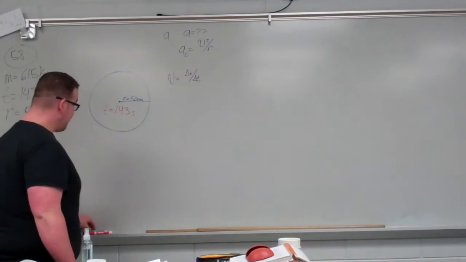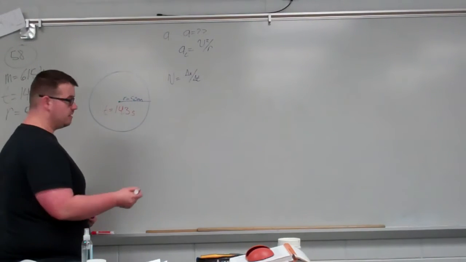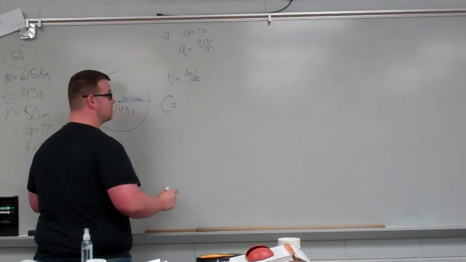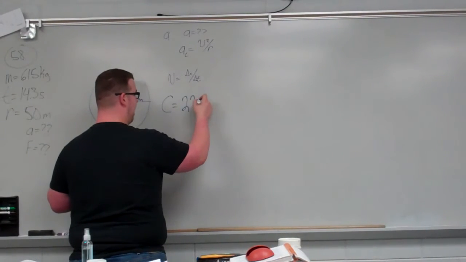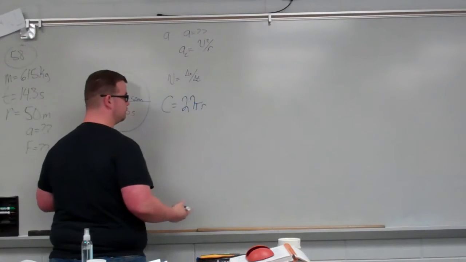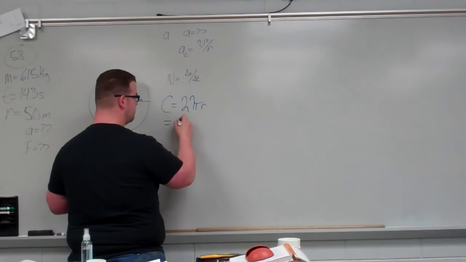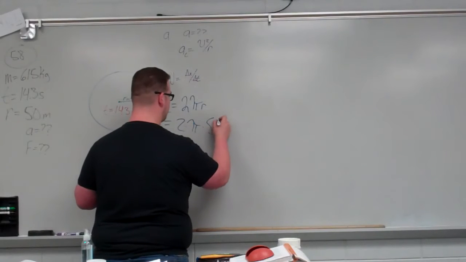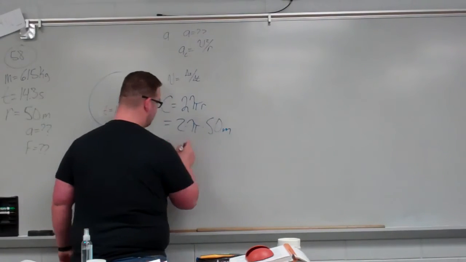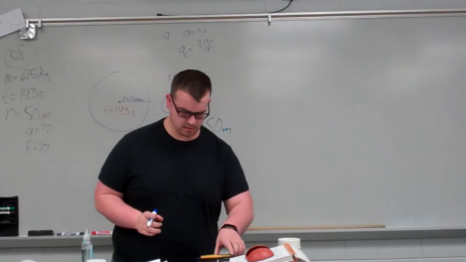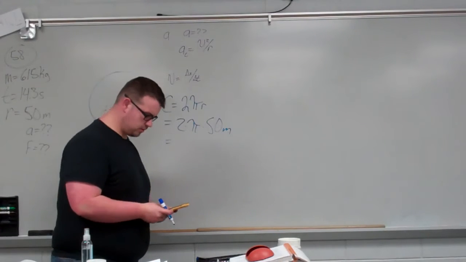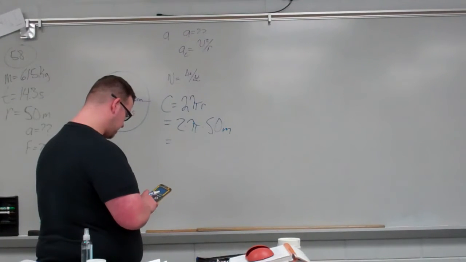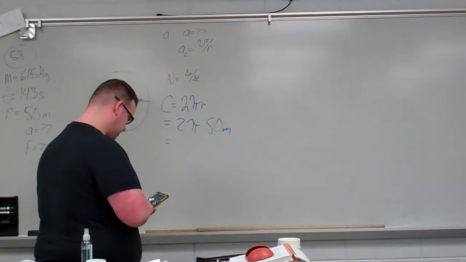So, to find your circumference, the circumference of a circle is equal to 2 pi r. So 2 times pi times 50 meters, which is 100 times pi.